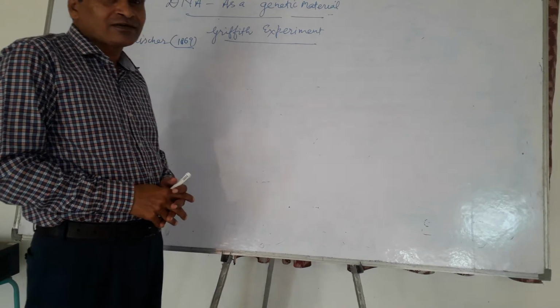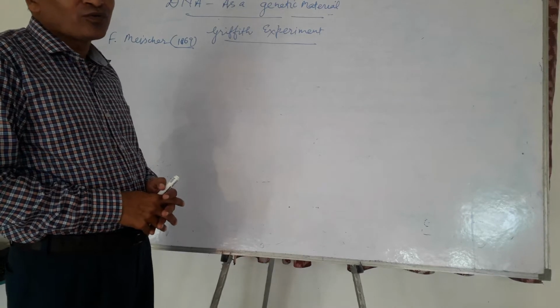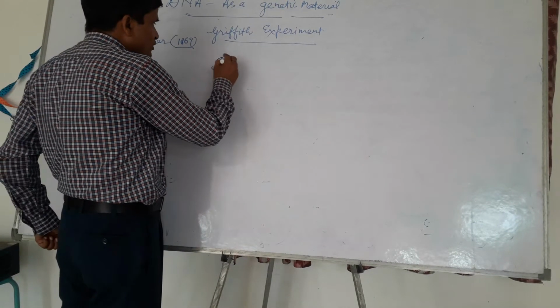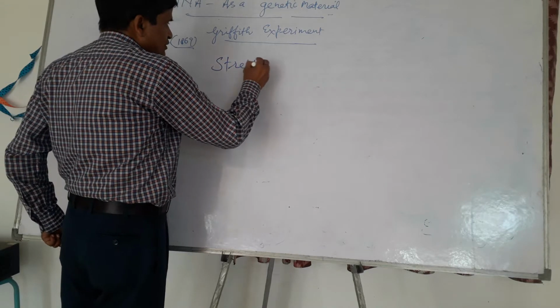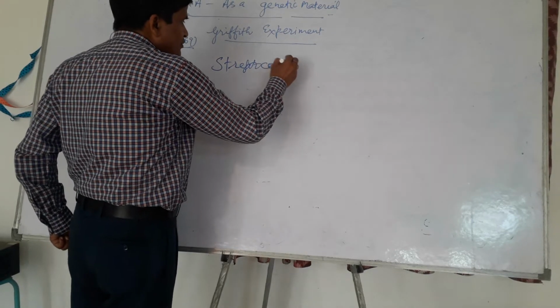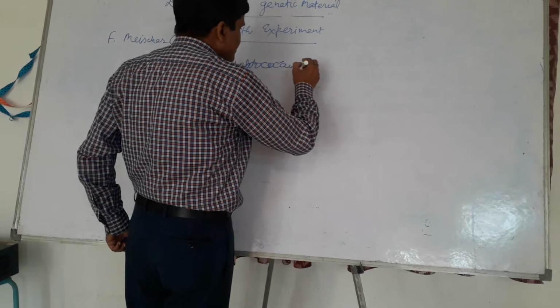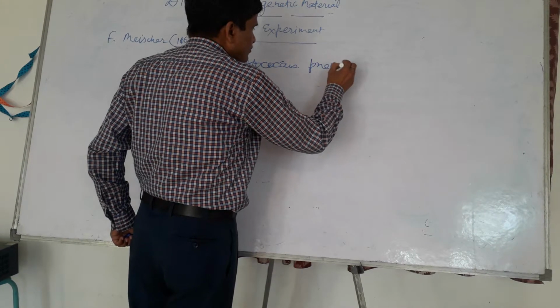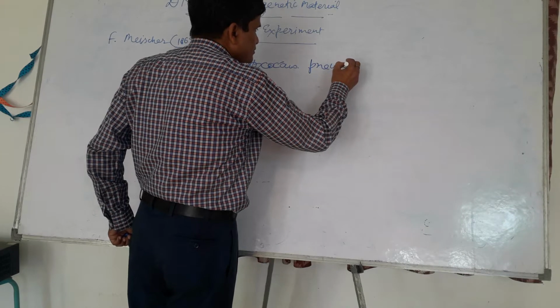So he was working on a strain of pneumococcus bacteria, that was Streptococcus pneumoniae. Streptococcus pneumoniae was the organism on which Griffith was experimenting.